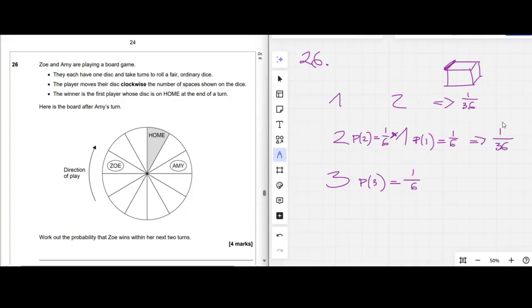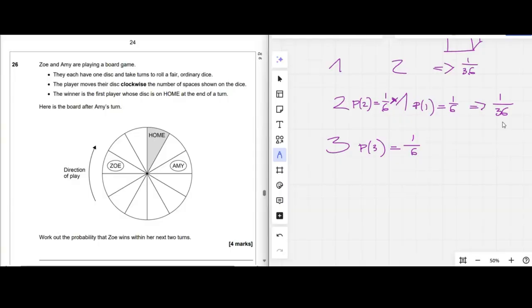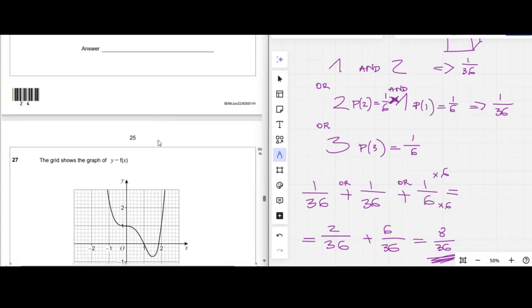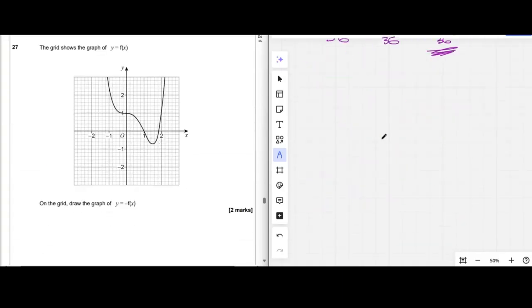So the total is the addition of them all. So 1/36 plus 1/36 plus 1/6. We need common denominator, so let's multiply by 6 there. So from the first 2, it's 2/36 plus 6/36, which is 8/36.